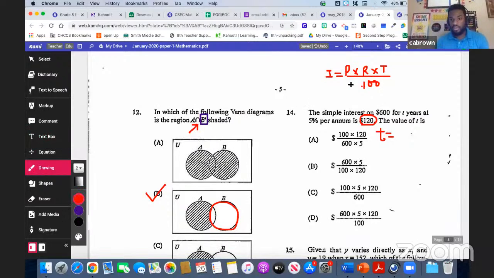If we want to find T, this is a formula that can be used. I'm going to multiply 100 times the interest, so this will be the interest times 100 equals PRT. In this case, we want T, so it's going to be divided by the principal and the rate.